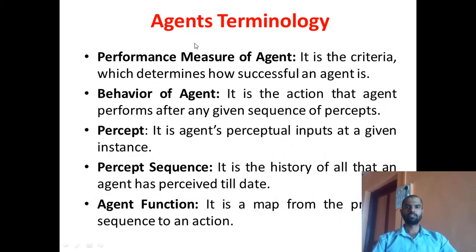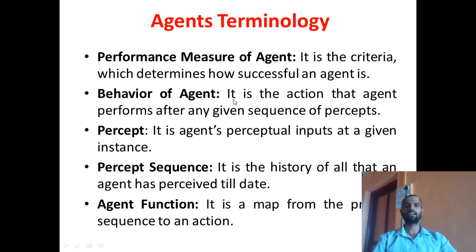Agent terminology. So what are the terminologies behind the agent? First one is performance measure of agent. It is the criterion which determines how successful the agent is, means how successfully the agent is performing its task.